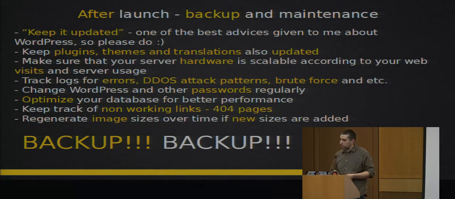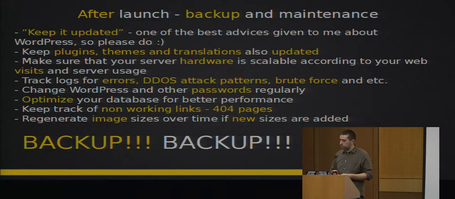Make sure that your server hardware is scalable according to your web visits and server usage. If needed, like in some VPS, you will have to increase it over time. Track logs for errors, attack patterns, brute force attacks, etc. And it will let you know what things you need to do to protect your WordPress instance.